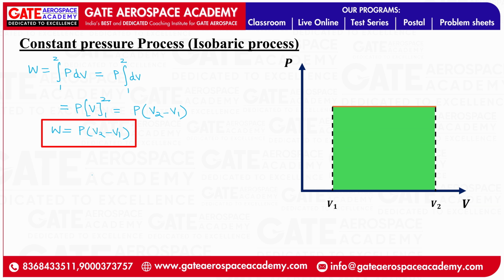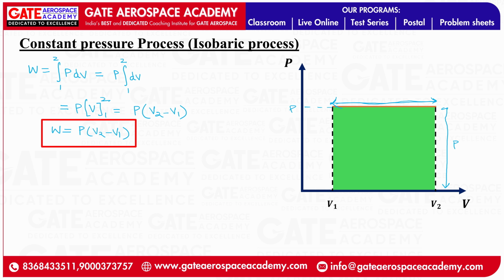How can we find out this area? It is simply the area of a rectangle. What is the area of a rectangle? It is this multiplied by this, right? This is, let's say, at a particular pressure P. So this is P. What will be this length, from here to here?